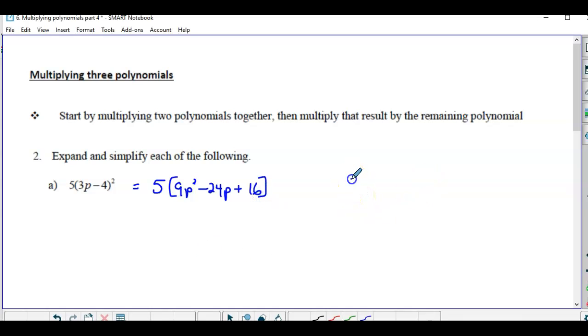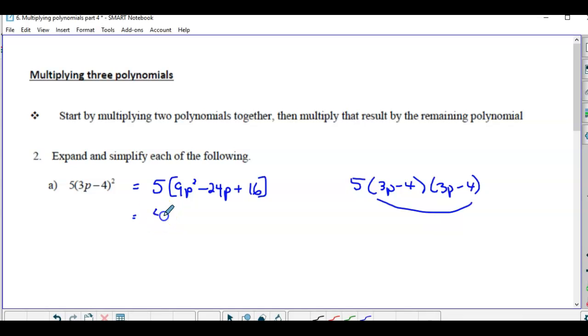Now, if you wanted to do 3p minus 4 times 3p minus 4 and use FOIL, go for it. Okay, but still do this first, because a common mistake is people will multiply 5 into the bracket before squaring. And you remember, order of operations, you have to do that exponent first.